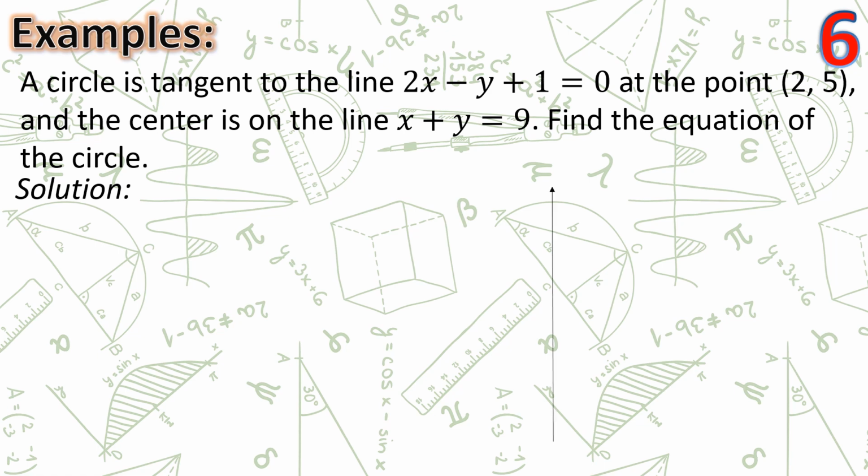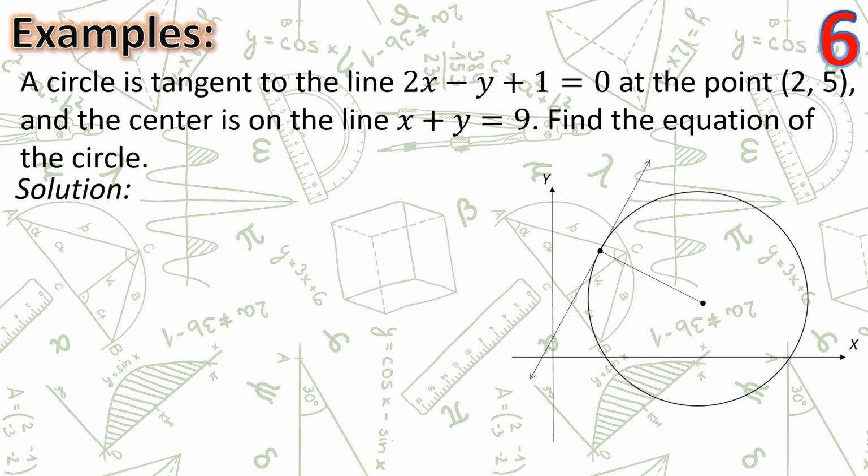So we have the rectangular coordinate system. The circle is tangent to the line 2x minus y plus 1 equals 0 at point 2, 5. We know that the line containing the radius of the circle is perpendicular to the tangent line.